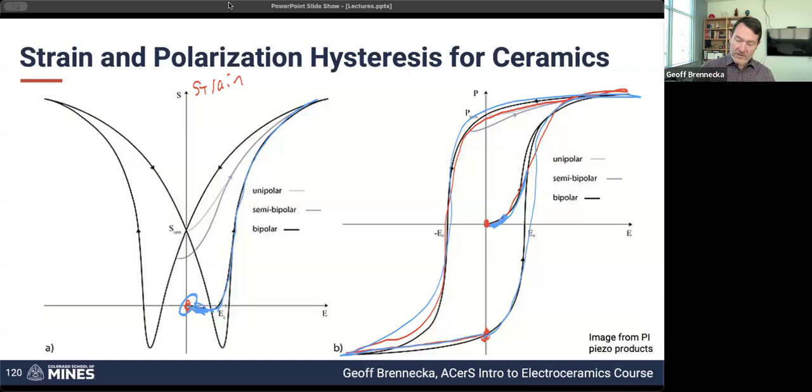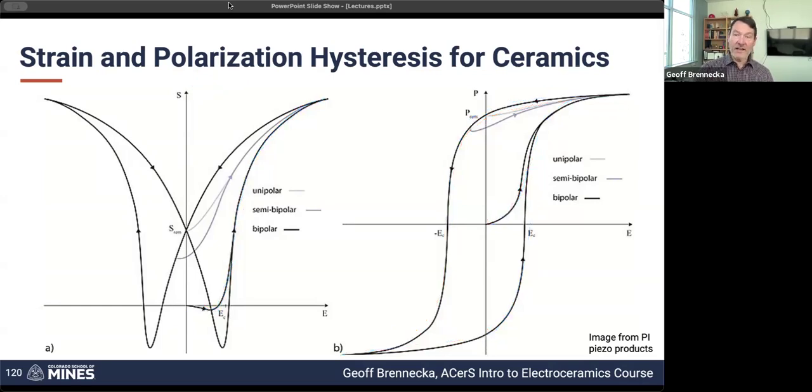So that's this increase in strain as we continue to apply electric field. And as it saturates, then this bends over and we get less and less strain. It doesn't quite go to zero. It doesn't get completely flat, just like the polarization field loop doesn't get completely flat. So that's an important concept.